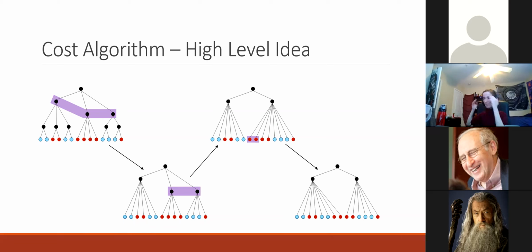If you look at the clusters now, each internal node, which is a cluster, has half red points and half blue points. So basically we're taking our initial unfair hierarchy, simplifying it, merging clusters together to mitigate unfairness, and then transferring points to remove all the rest of the unfairness. Okay, so that's the high level idea. Now let's look at it in a step-by-step process.